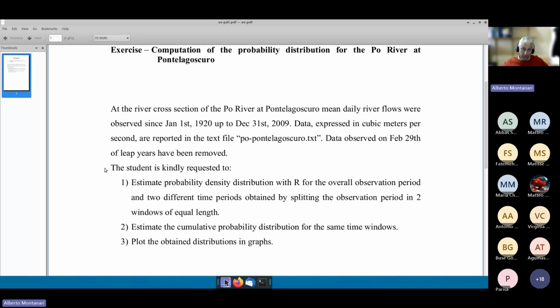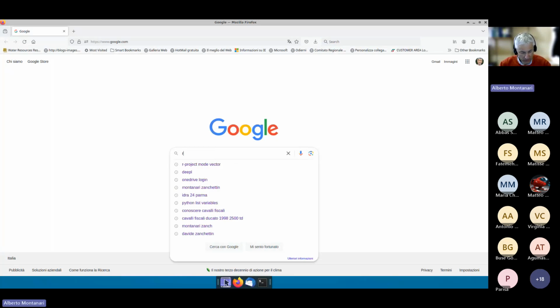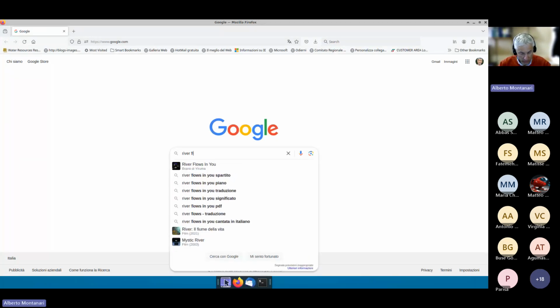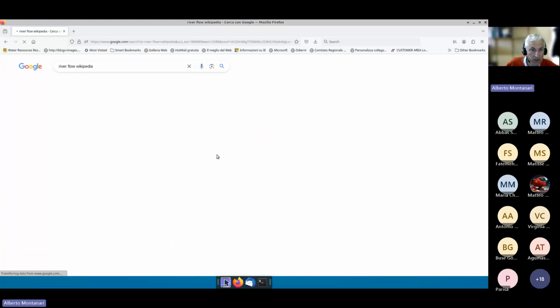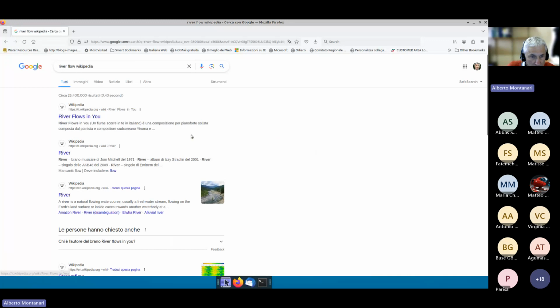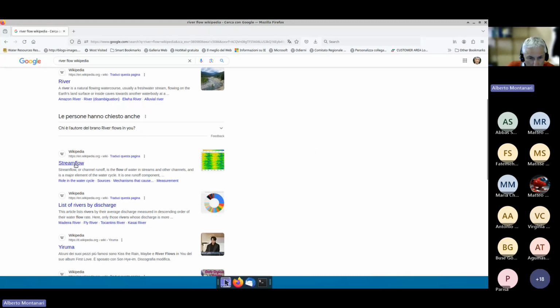What is river flow? Okay. Let's see if we can obtain an easy definition in Wikipedia. Okay, let's search in Google. River flow Wikipedia. Maybe not, but let's see. River flows, no, this is a film. Stream flow, okay.